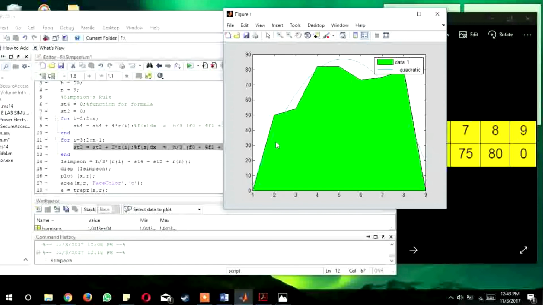However, in the case of an even number of intervals, Simpson's rule is more accurate as it uses a parabolic approach to estimate the integral of the set of data. So what we can conclude here is that Simpson's rule is more accurate compared to Boole's and trapezoidal. Thank you.